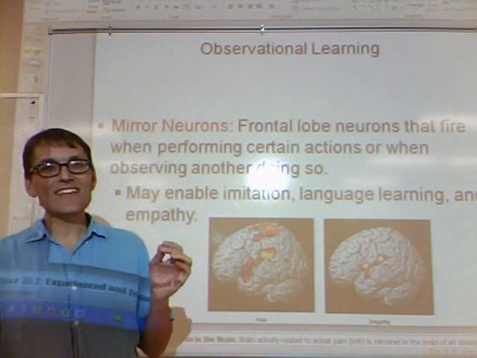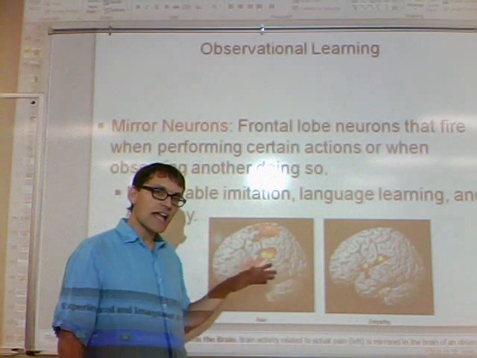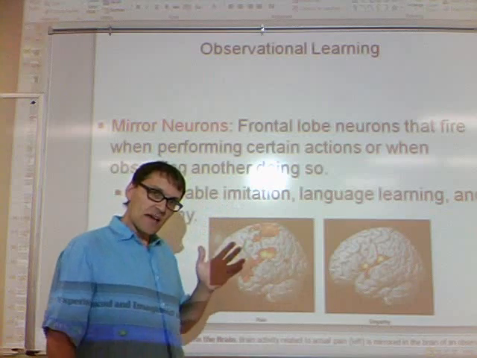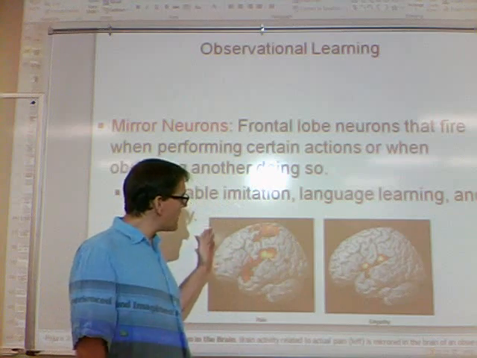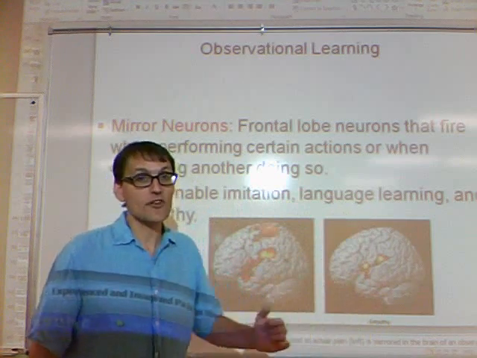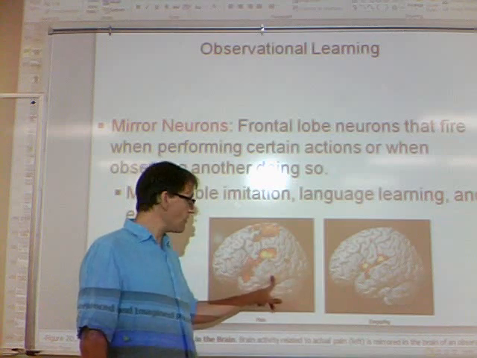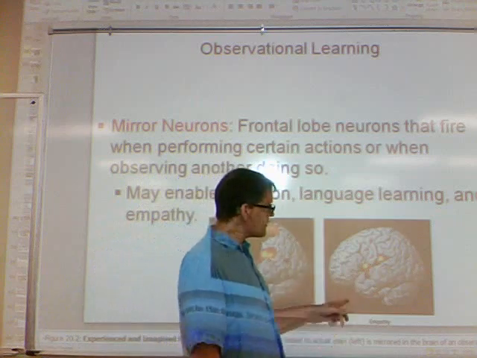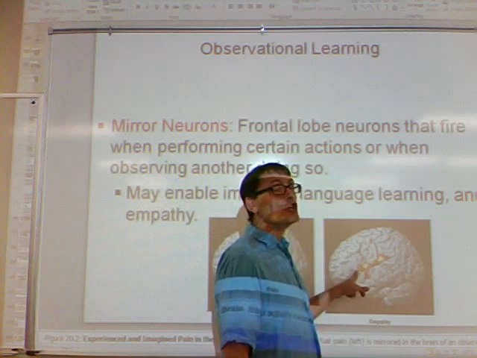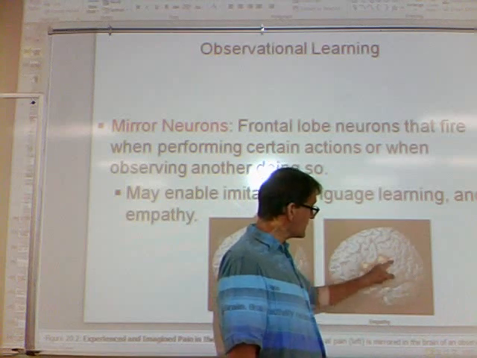Humans are uniquely designed for social learning, and in fact, we have this area in our brain called the mirror neuron system. The mirror neuron system is the part of our brain that responds to other people's behaviors. Here, for example, give somebody an electrical shock. Oh, shit. This is the area of their brain that is active. Now, here's the area of the brain active if you are watching somebody you love get an electrical shock.